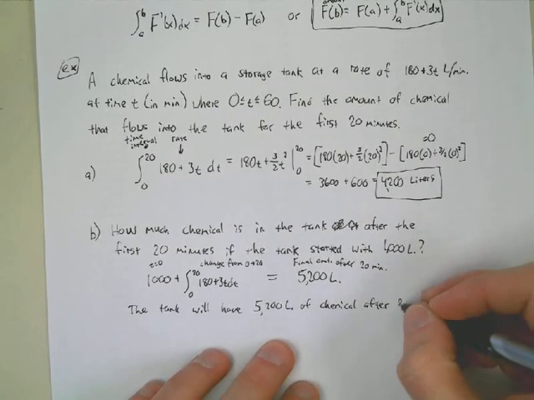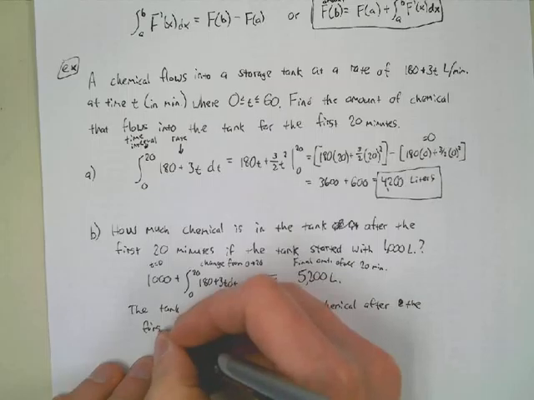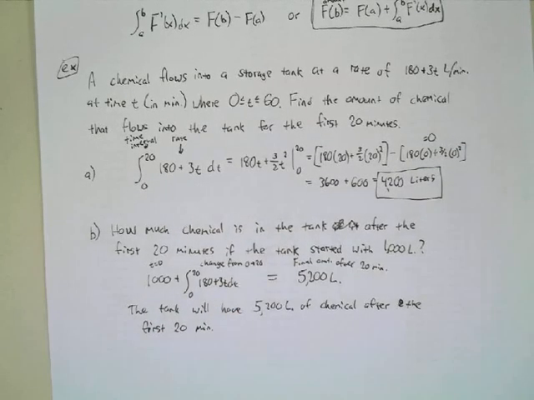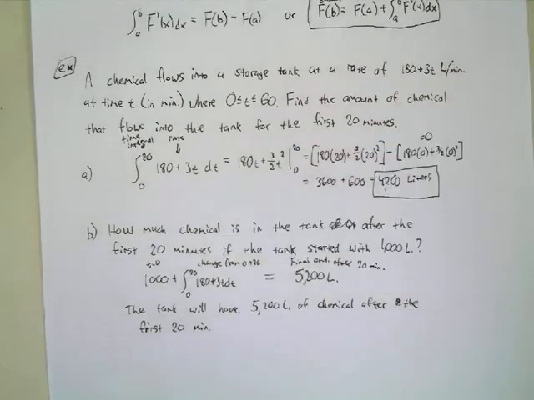It's important to specify the first 20 minutes here, because just saying 20 minutes could refer from time 40 to 60, from time 20 to 40, from time 35 to 55, you know, we don't know. So it's important we say the first 20 minutes. It's the first 20 minutes because it's the time 0 to time 20. Okay? Right? Questions on any of that? Is that making sense? Yeah.